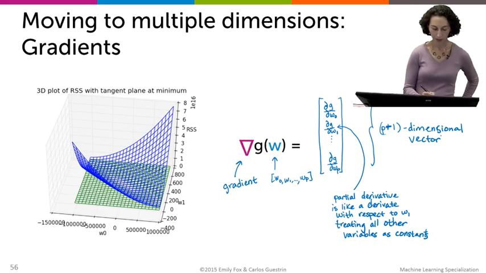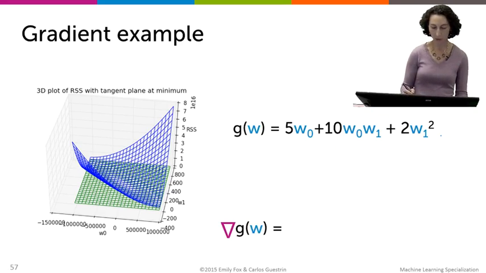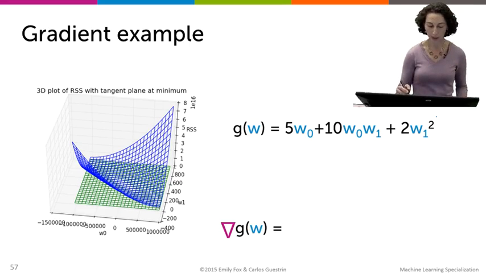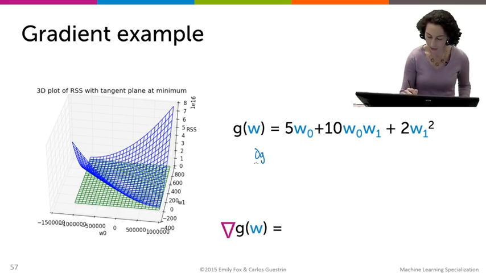Okay, so let's work through a little example here where I define a function g of w to be 5 w0 plus 10 w0 w1 plus 2 w1 squared. And let's compute the gradient of g. In this case there are just two variables, so I have to take the partial of g with respect to w0.